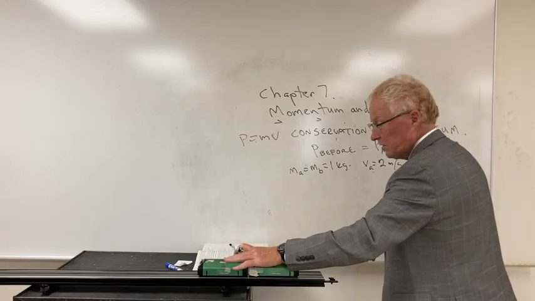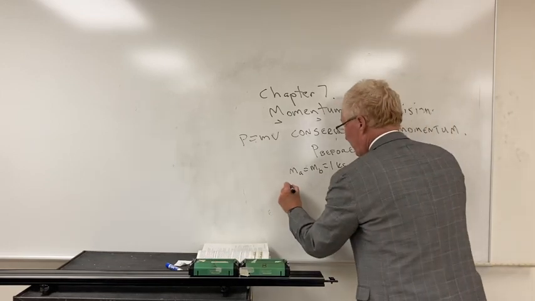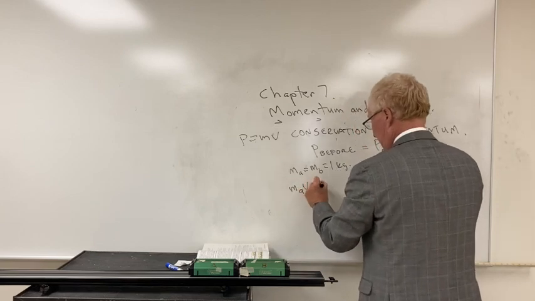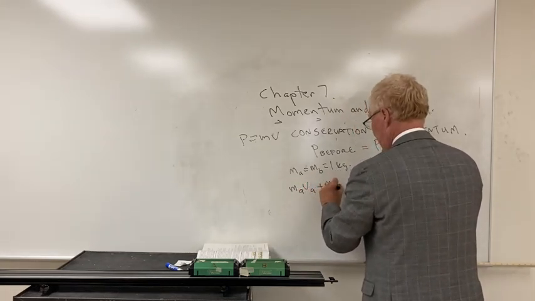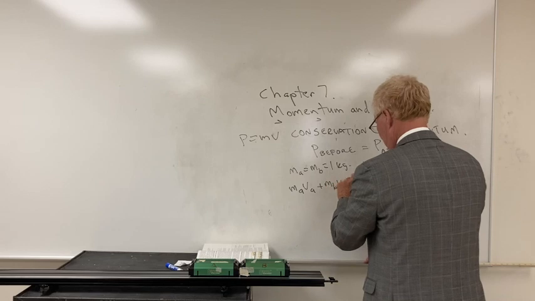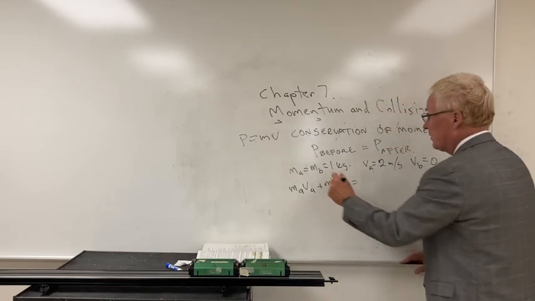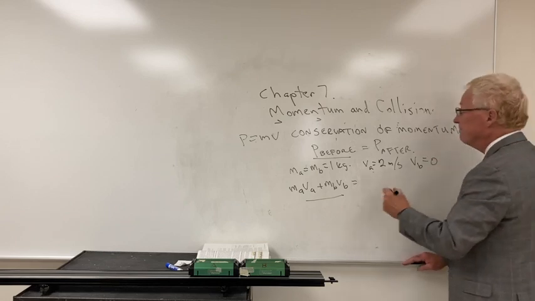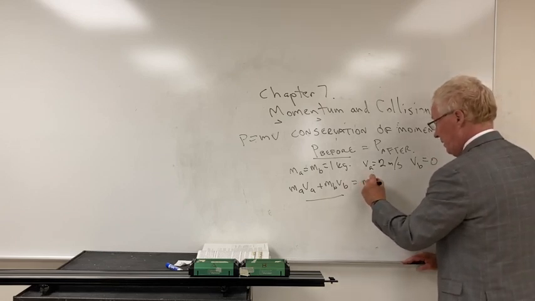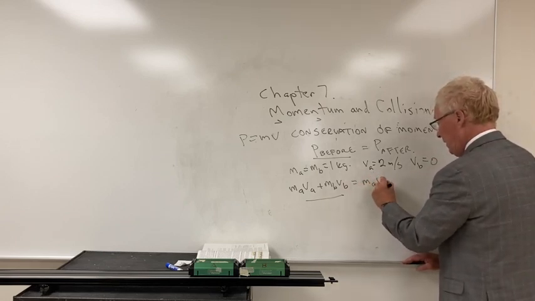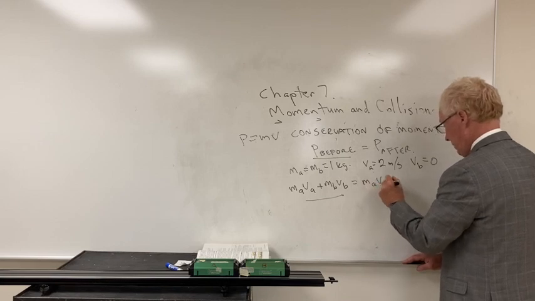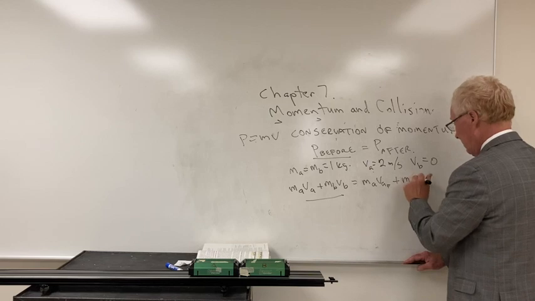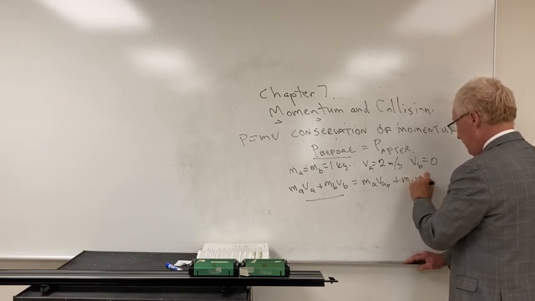So since this is a system, this would be MA VA plus MB VB equals, this is before, and then afterwards, it'll be MA VA after plus MB VB after.